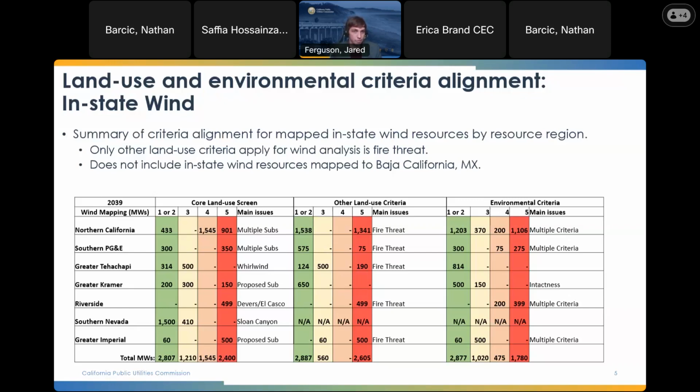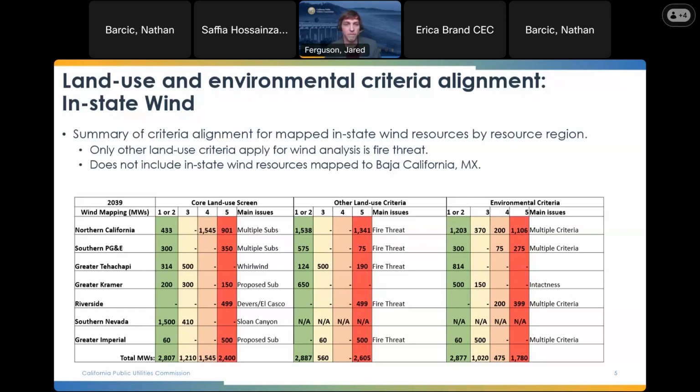You can see in Northern California, in the Riverside area, and in the greater Imperial area, the majority of the wind mapped to those areas are at substations with level 4 and 5 criteria flags. Whereas the greater Tehachapi, the greater Kramer, and the southern Nevada area have generally lower flags, but still a fair amount of 3s and some 4s and 5s as well.